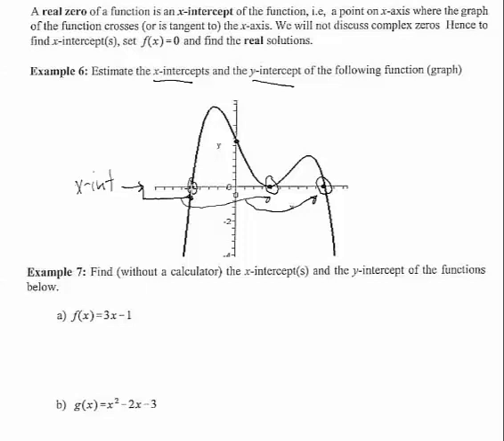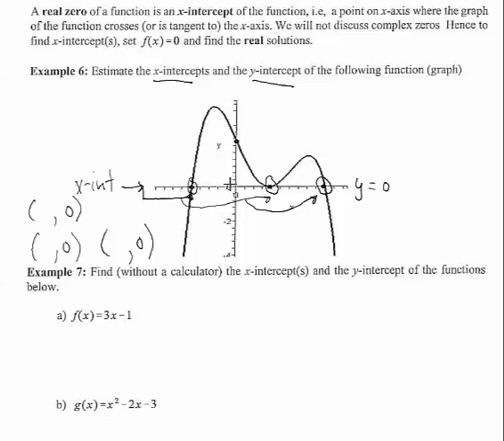I just simply have to read these coordinates. If you'll notice, any point along the x-axis has the y-coordinate of 0. So all of these coordinates are going to have a 0 in the second slot of the ordered pair.